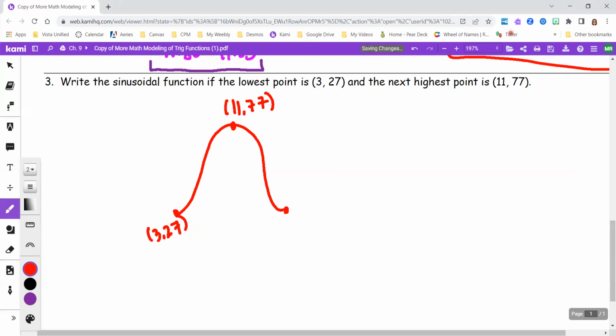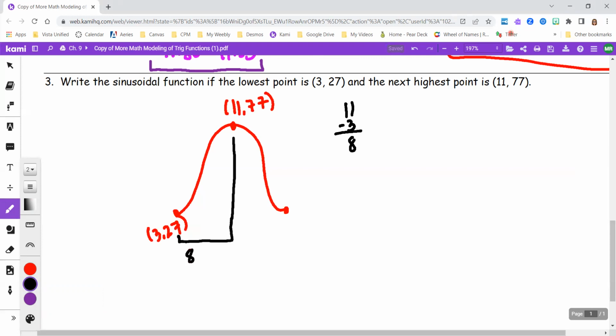So what I need to find is basically the distance from here to here. So I am going to take 11 and subtract it from 3, which gives me 8.